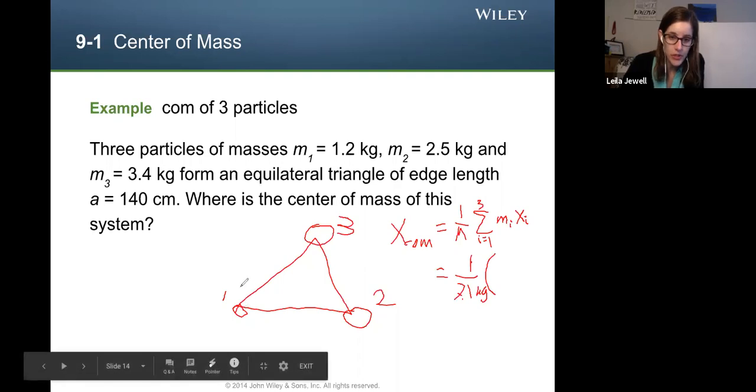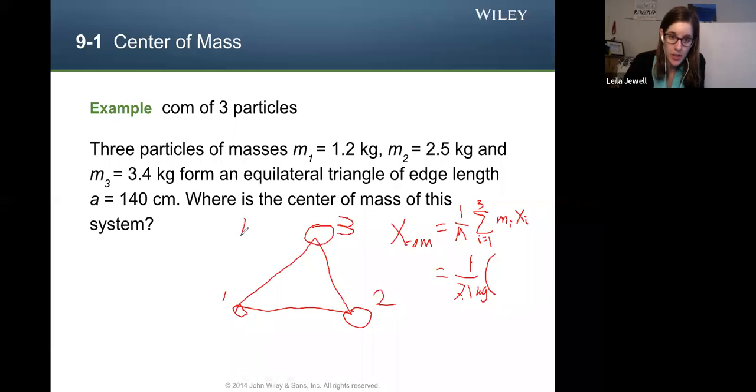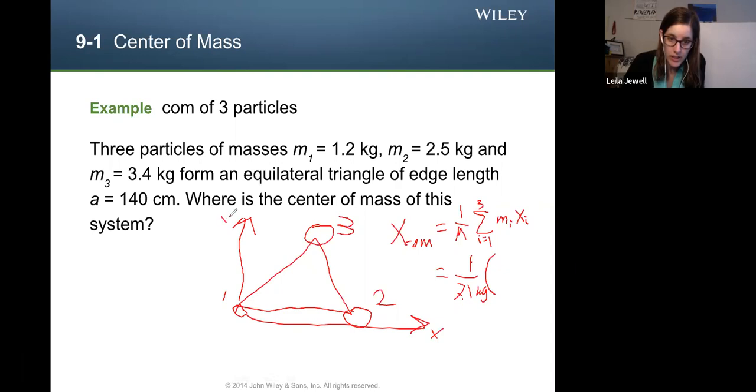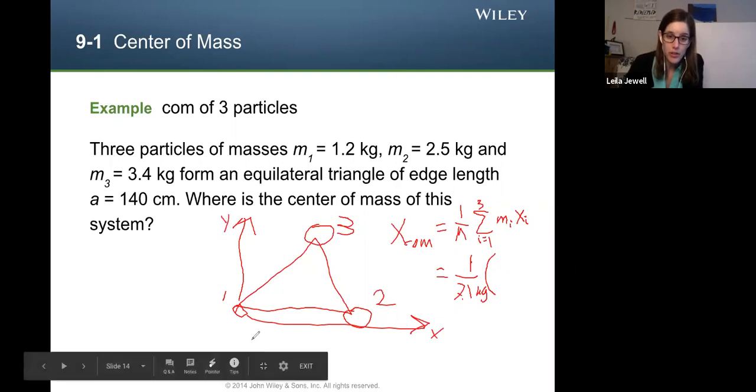Now, to determine the position, we're going to need to choose a coordinate system. So I'm going to suggest that we set particle 1 at the origin. This is x and y. And here we're just focused on the x coordinates. So for x1, that's just going to be 0.